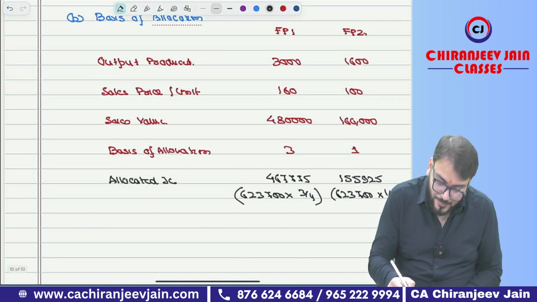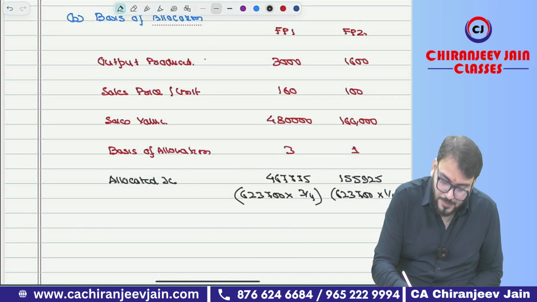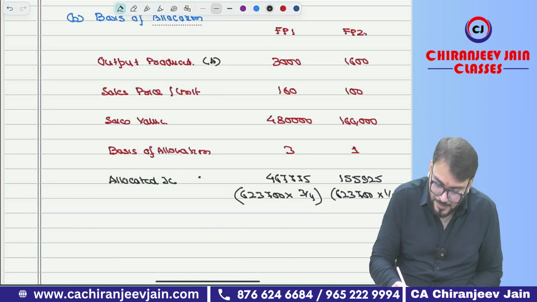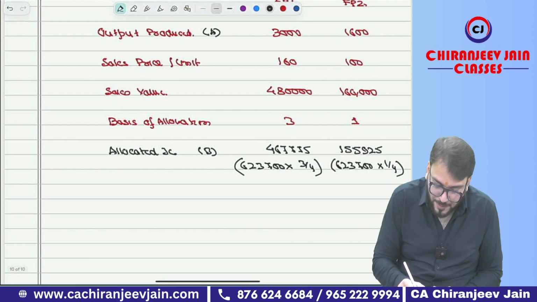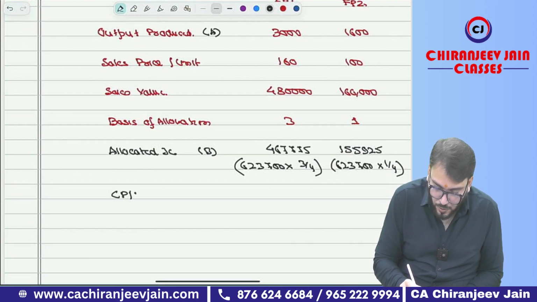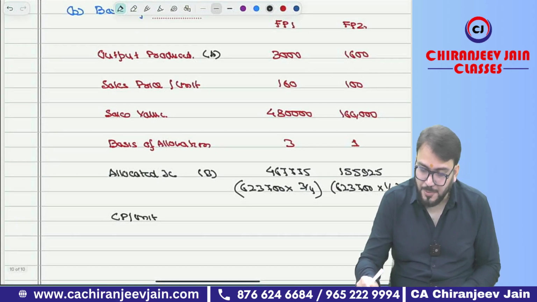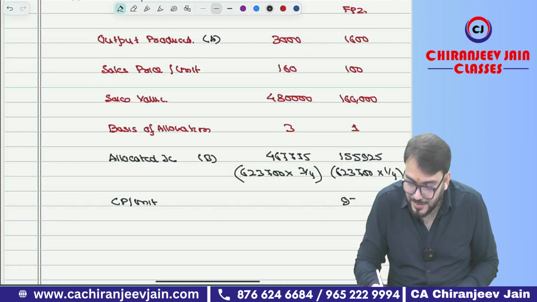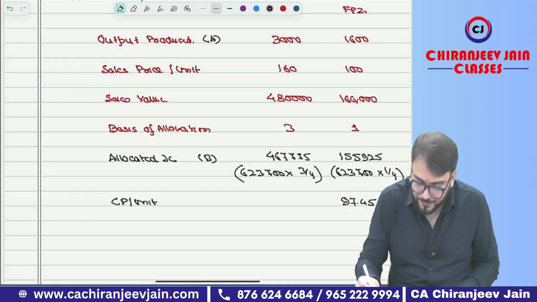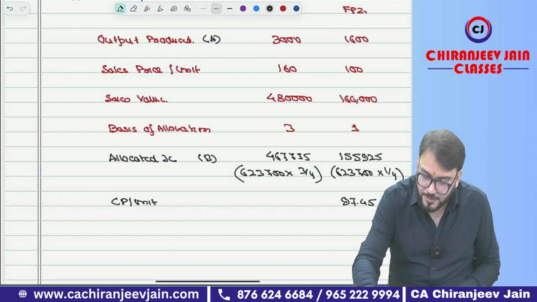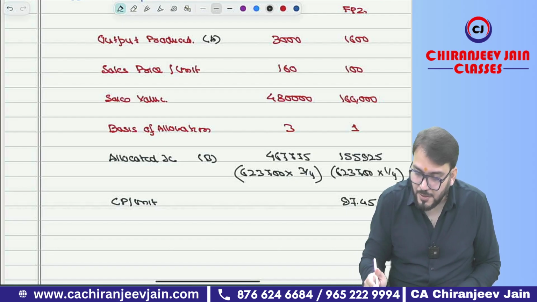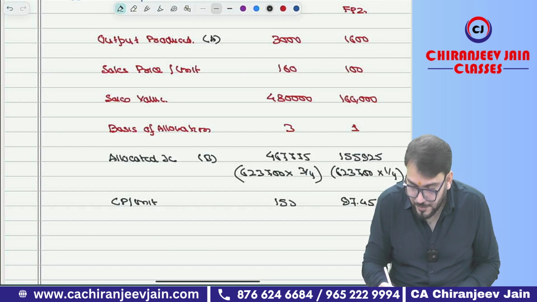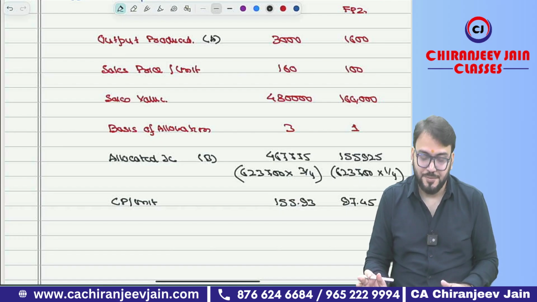If you divide this allocated joint cost by units, you get the cost price per unit. Dividing 1,55,925 by 1600 gives 97.45, and 4,67,775 divided by 3000 gives 155.93. This is the cost price per unit.